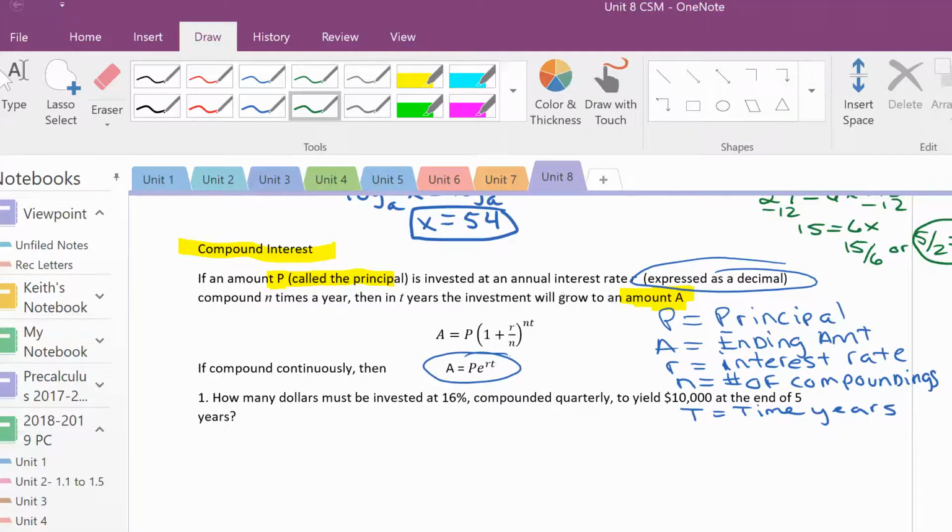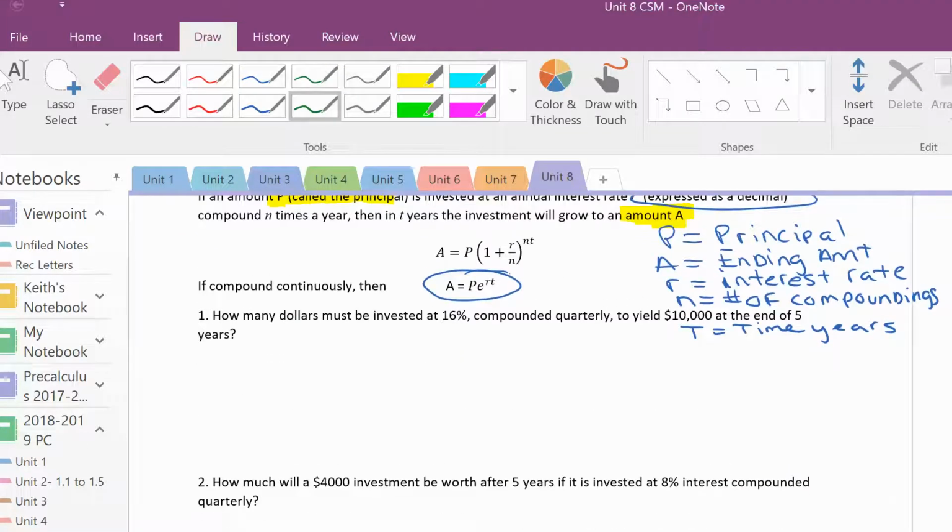So the first problem says how many dollars must be invested at 16% compounded quarterly to yield 10,000 at the end of 5 years. So our A is 10,000. Our P is what we're trying to find. The rate is 0.16 because it's 16%.